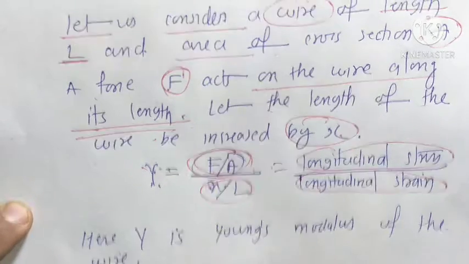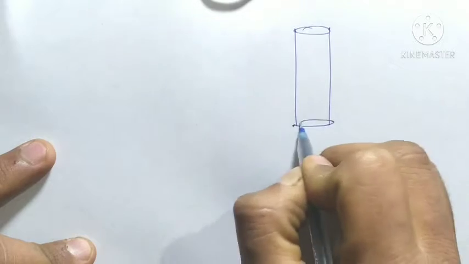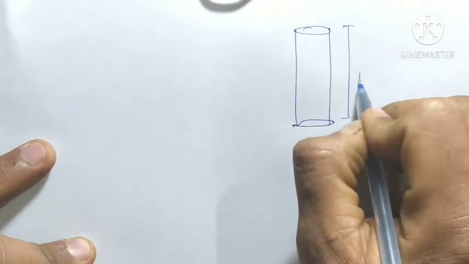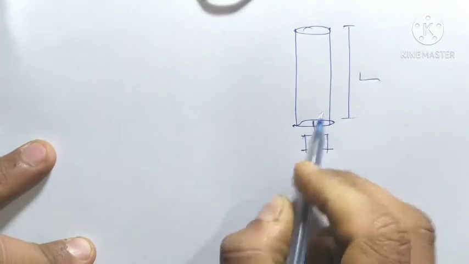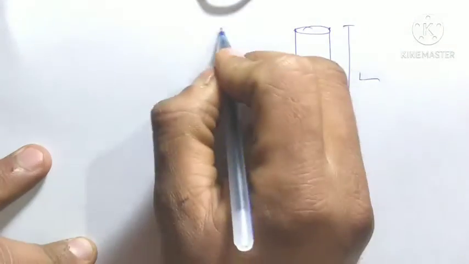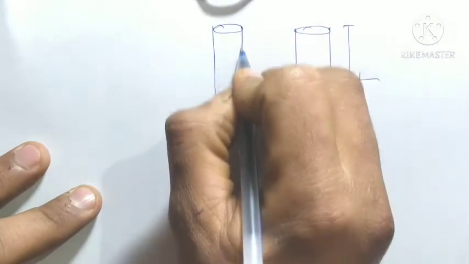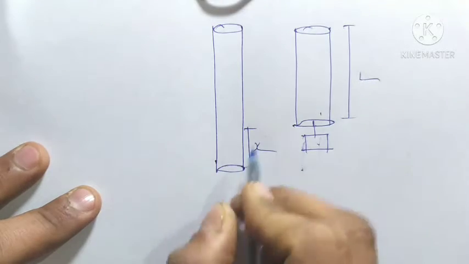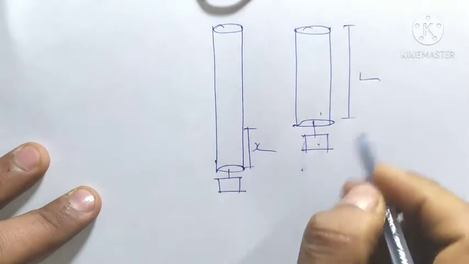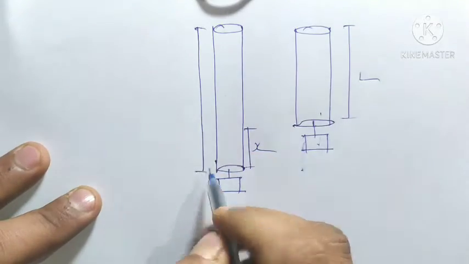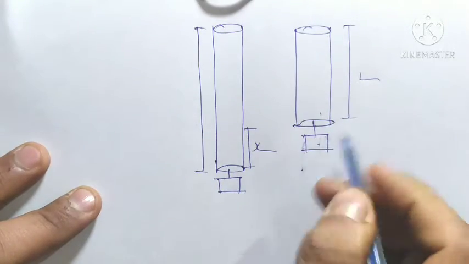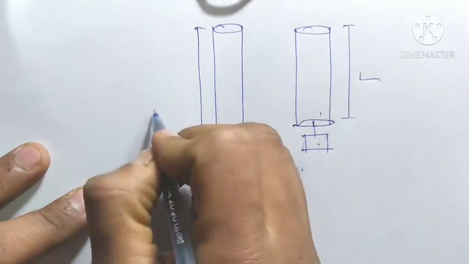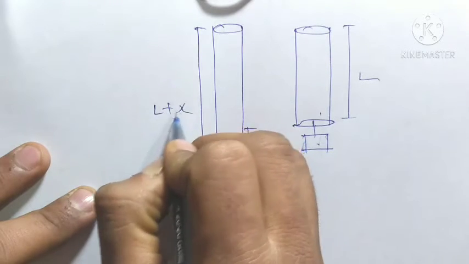Now we make a fresh diagram here. This is a wire of length L, and we attach a load at the bottom of this wire, due to which its length has been increased by x. Now the total length of this wire after elongation is L plus x.